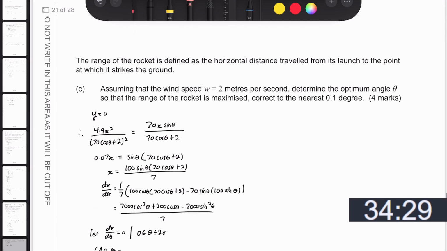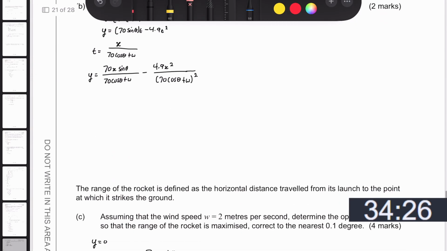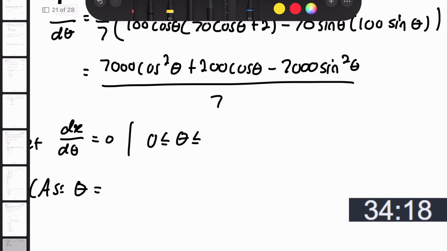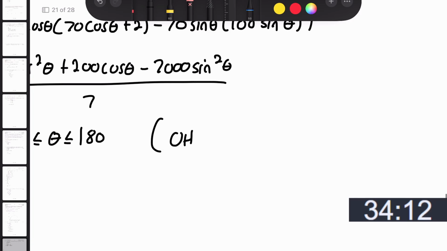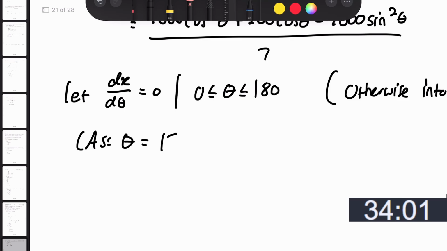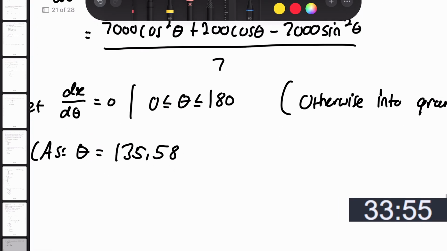I probably want it to be less than 180, right? Otherwise, then we're going into the ground. So I do 180, and then that should cut some of these. But I got 135.58, so 135.6, and 45.6.